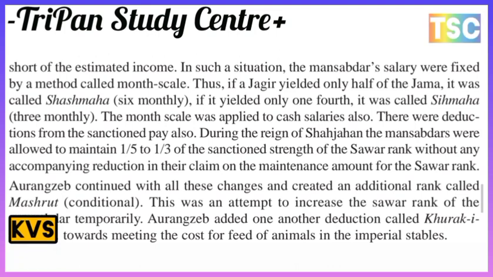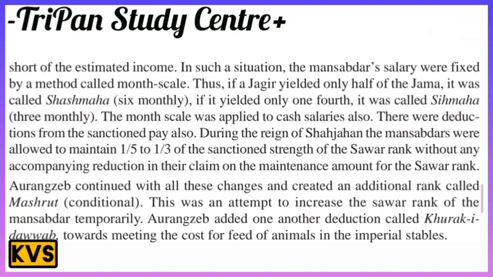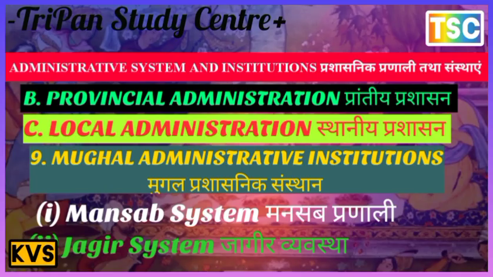The same continued. Another change created an additional rank called Mashrut, an attempt to temporarily increase the sawar rank of the Mansabdar. Another deduction was called Kharch-i-Yarak, meant for meeting the cost of feed of animals in the temporary stable.